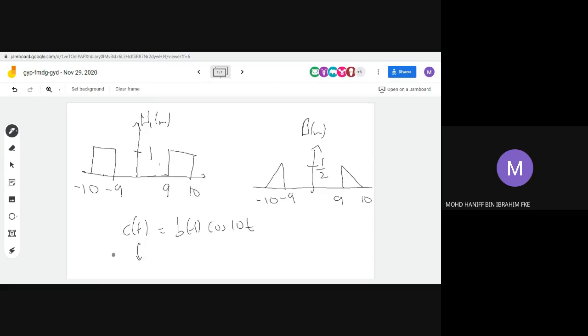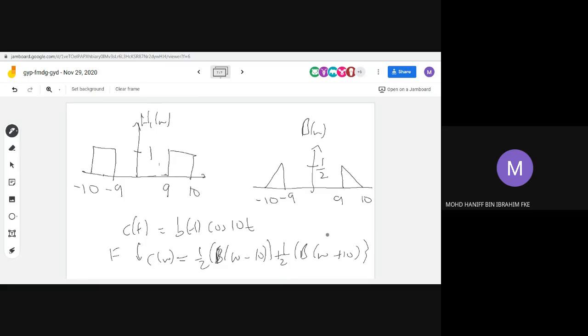By using the Fourier transform modulation property, we have C(ω) equals half of B(ω minus 10) plus half B(ω plus 10). That should be the case.